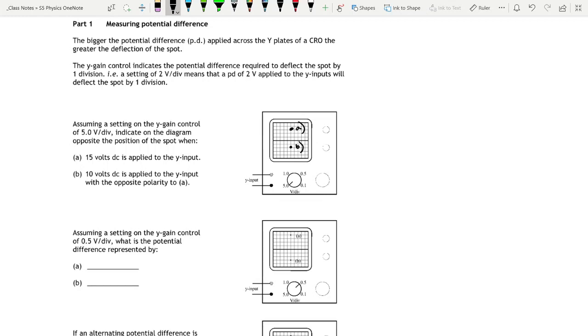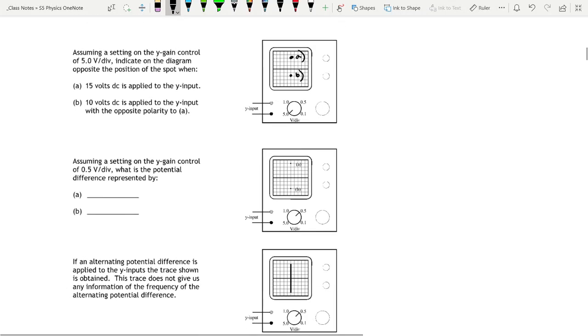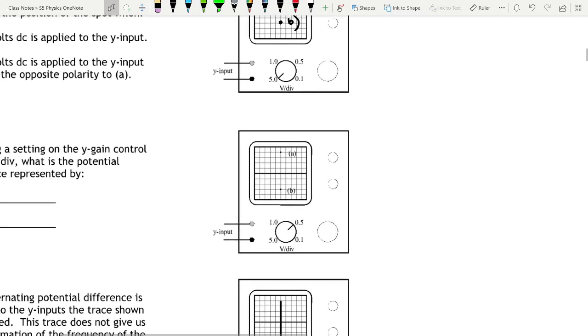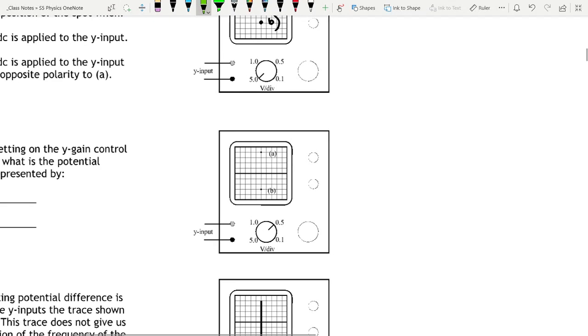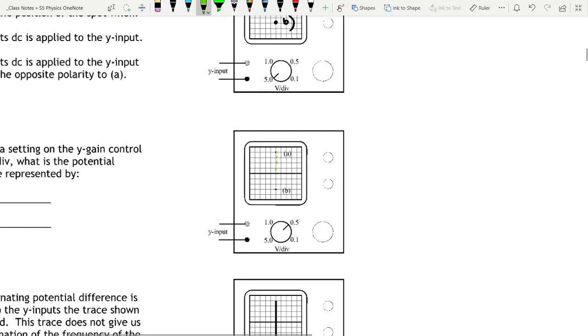Okay, the next one. Assuming a setting on the Y gain control of 0.5 volts per division, so each square is 0.5 volts, what is the potential difference represented by A and B? Okay, so 0.5 volts per division. I'm going to zoom in a little bit more now. Going up from the center line, that's 0.5, that's 1, that's 1.5, that's 2.